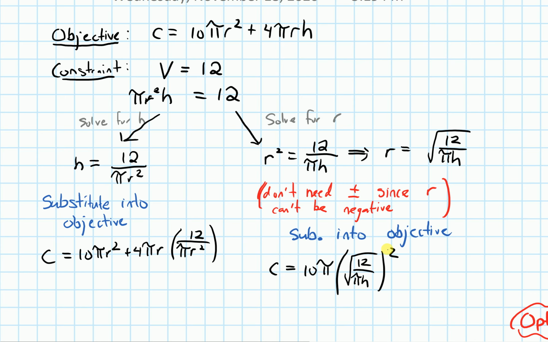That's not too bad, because when I square this square root term, the square root will cancel. Then we have plus 4 pi r, so plug in the square root of 12 over pi h, and then times h. The first term isn't too bad because the square root will cancel. But in the second term, the square root won't cancel.